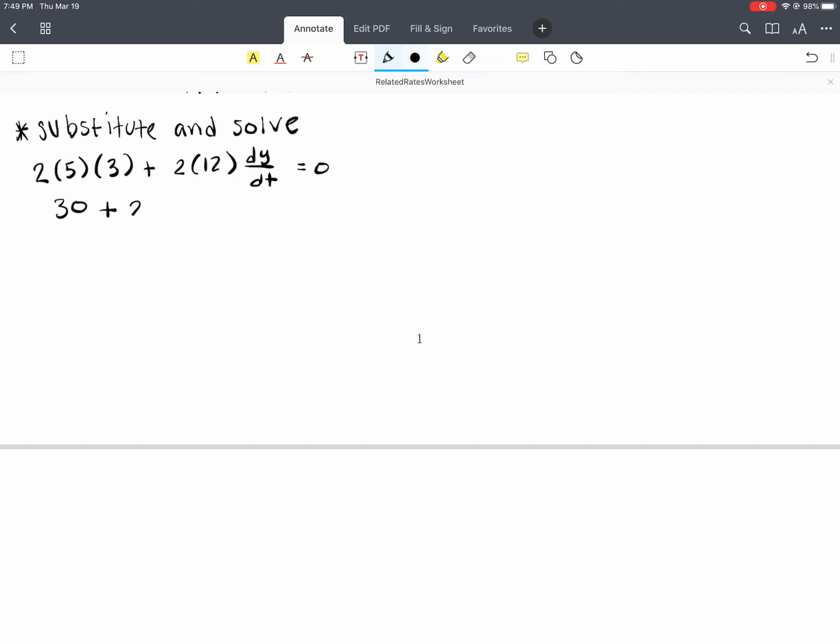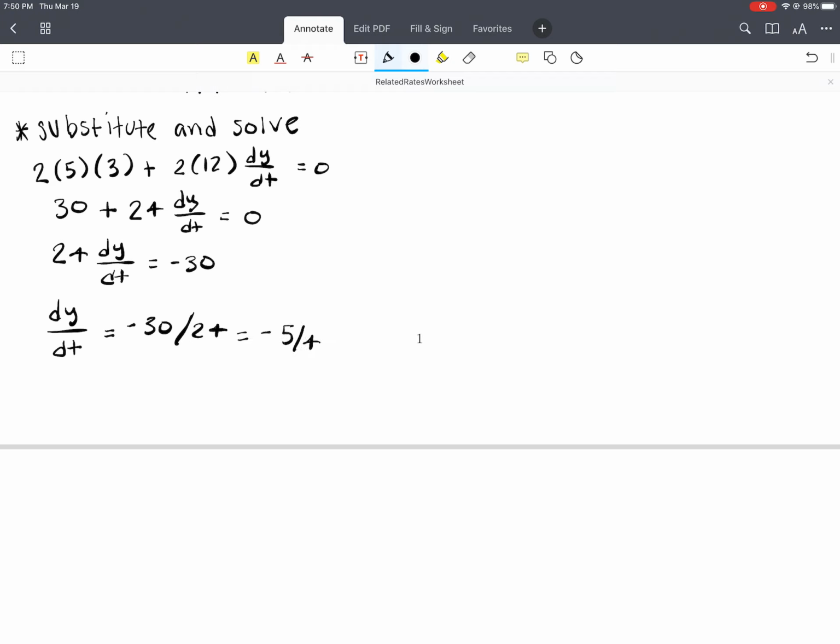So we can rewrite this as 30 plus 24 dy/dt is equal to 0. 24 dy/dt is equal to negative 30. So that gives us dy/dt is equal to negative 30 over 24, or negative 5/4 if you want to simplify.